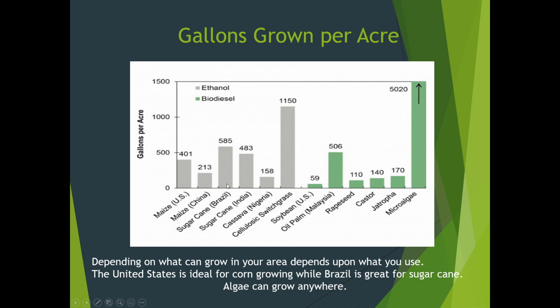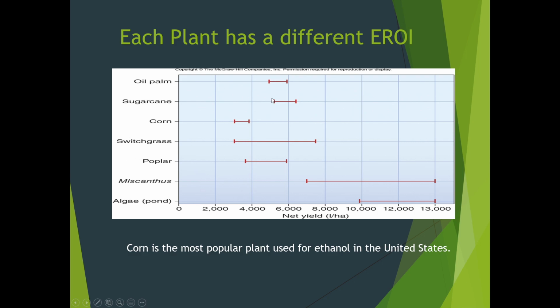All right, because of the biome, their temperature and the precipitation in China and in the United States is a lot different than it is in Brazil, where they can grow sugarcane and get the really good bang for their buck on the EROI of the sugars.